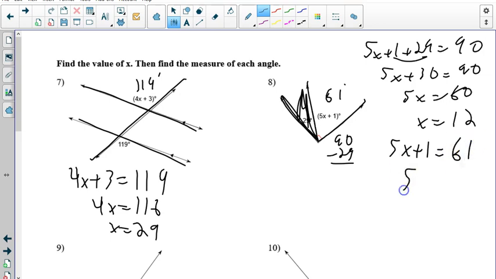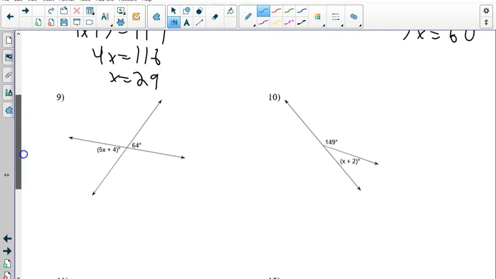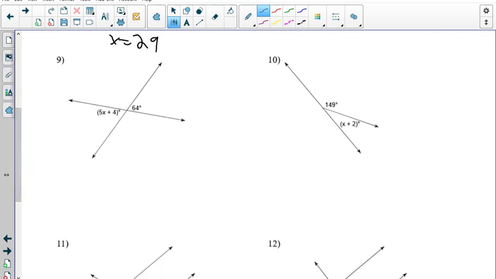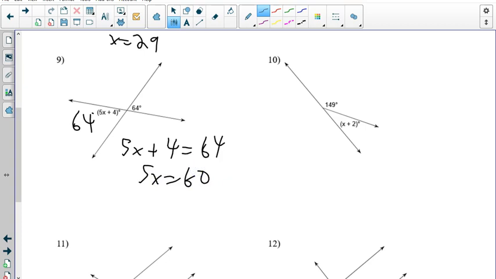When I subtract 1, what do I get? 5x equals 60. Same thing as right here. Just 2 different ways to do it. Okay, vertical angles are equal to each other. So 5x plus 4, we already know this is 64 degrees, equals 64. Subtract 4, 5x equals 60. Well, that looks familiar. X equals 12.